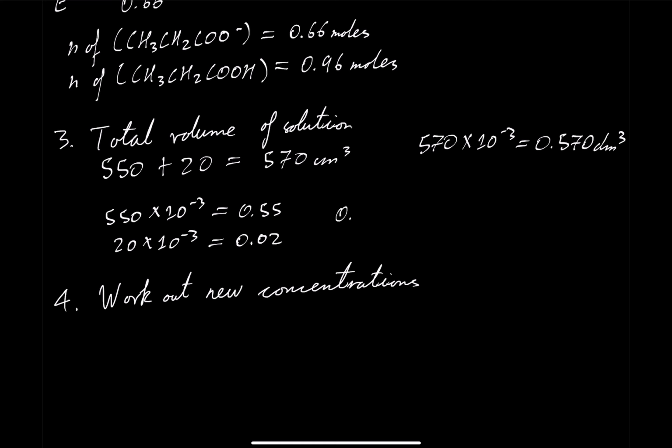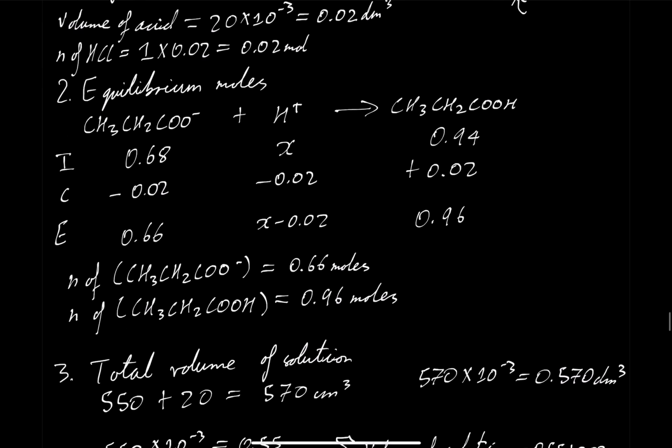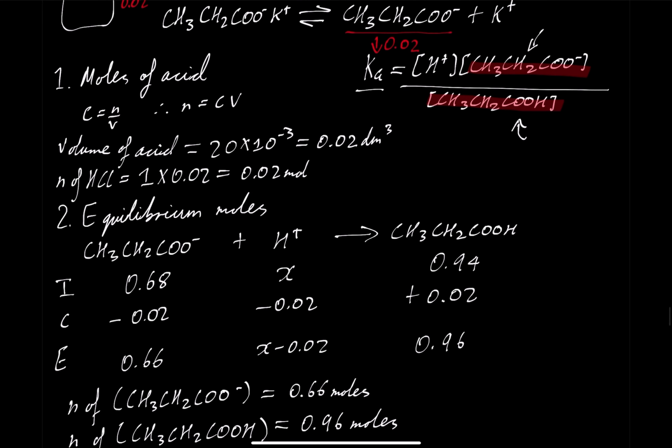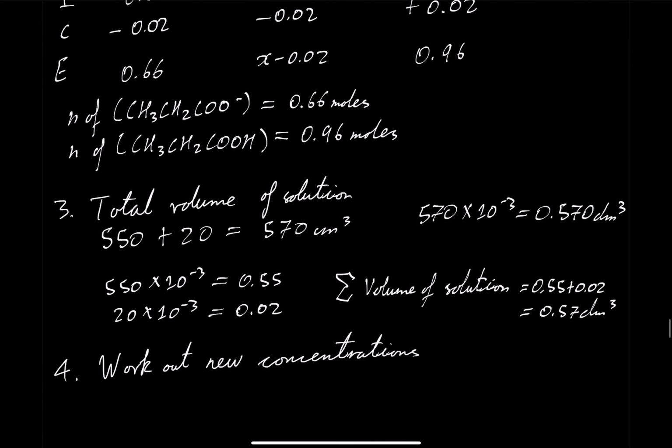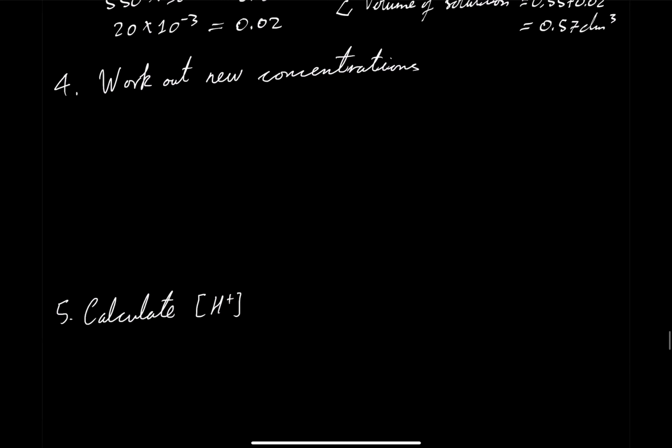The total volume of solution is 0.55 plus 0.02, which equals 0.57 decimeters cubed. And I forgot to mention I'm doing it in steps: step 1 was moles of acid, step 2 was equilibrium moles, and step 3 was the total volume of the solution.